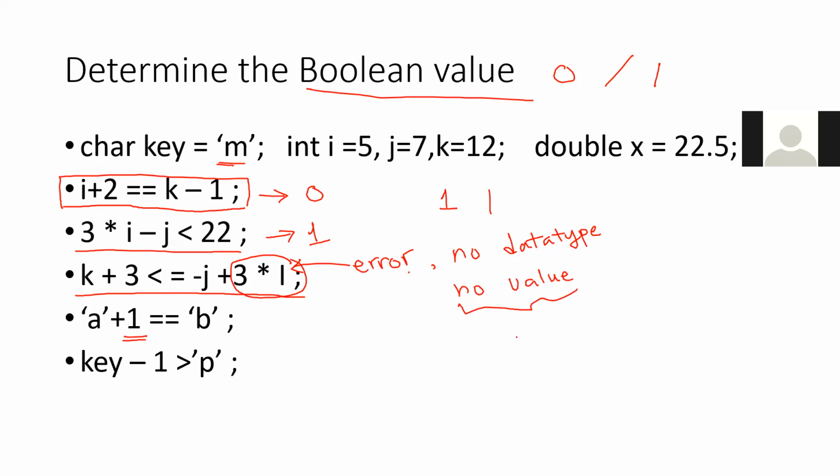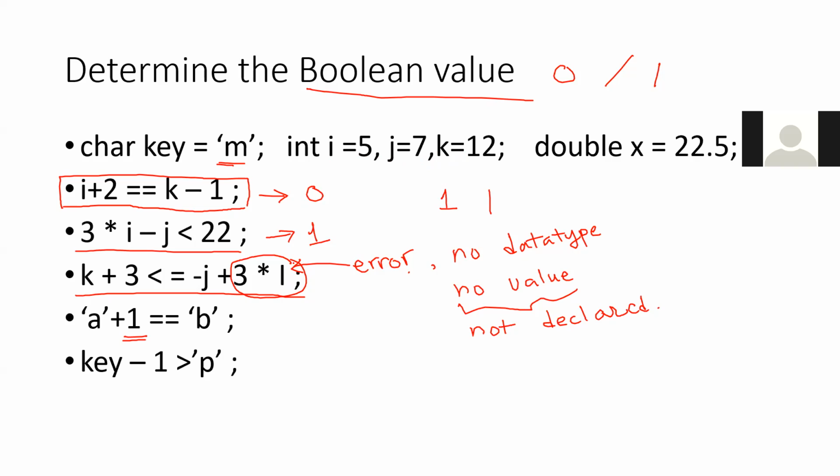So the whole thing is not declared. In this case, you have character key and integer I, j, k, but there's no integer L right here. So this value is not declared.